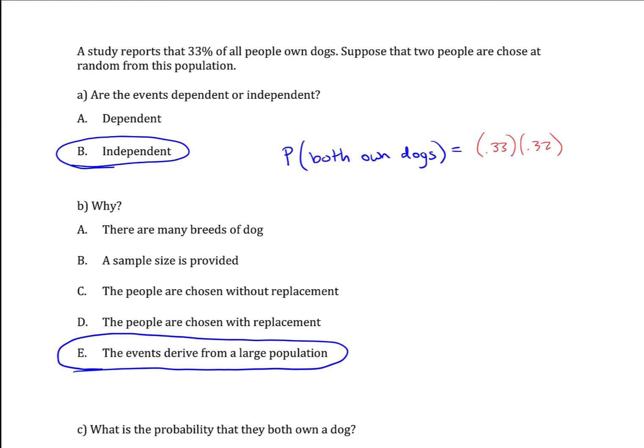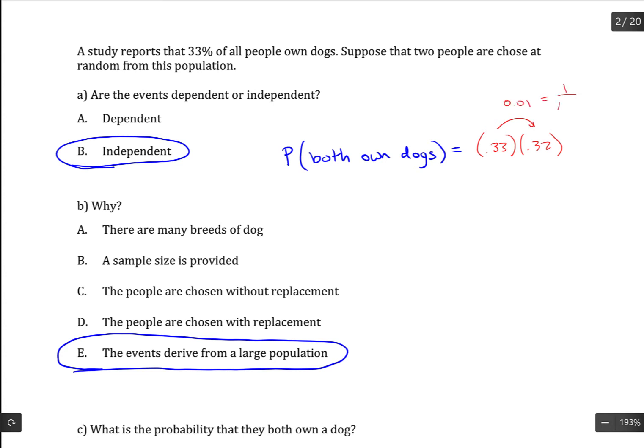But because they say 33% is the probability that someone owns a dog, so that's the first, and then they want to reduce the second. But the problem is, this is a reduction of 0.01.